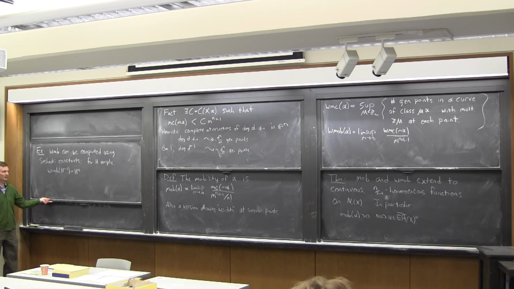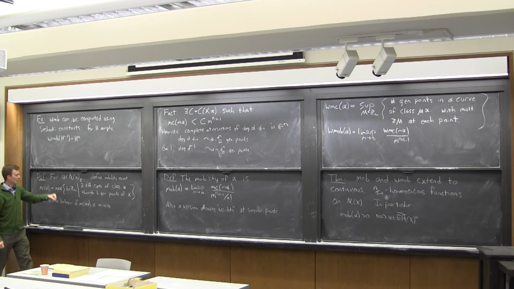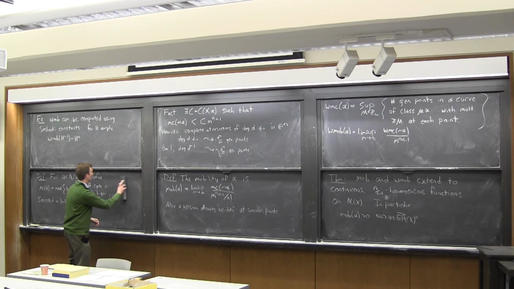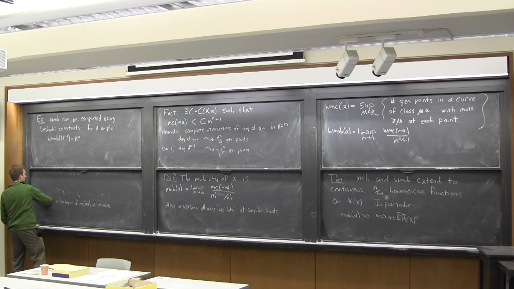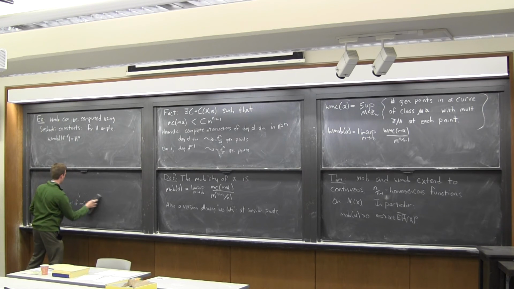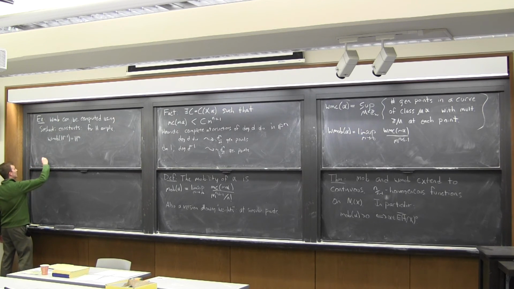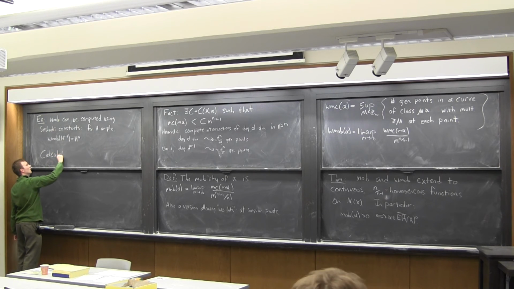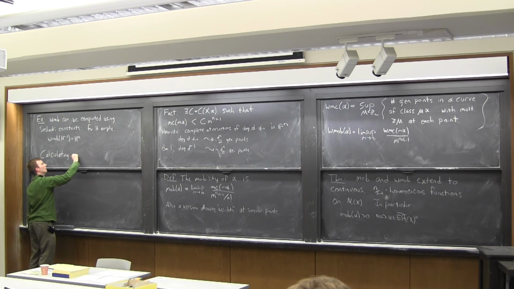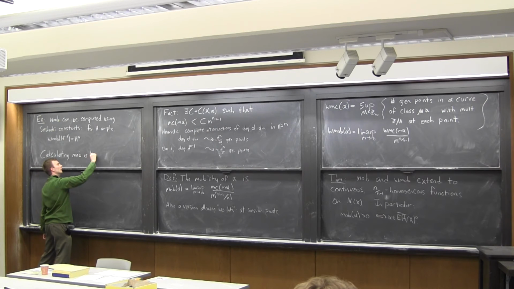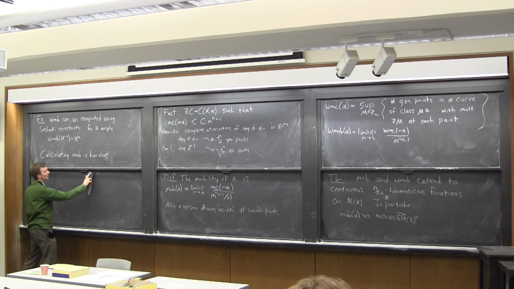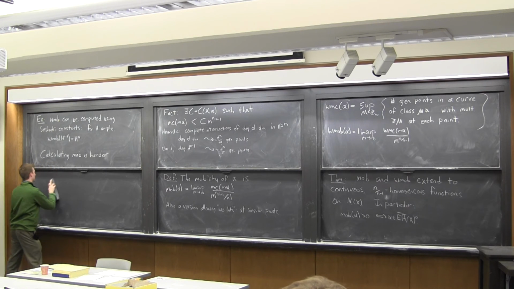So again, we're getting an intersection feel to the definition of the weighted mobility. To calculate the mobility is much harder. Unfortunately, it's much easier to define, but at least thus far, it's much, much harder to calculate.